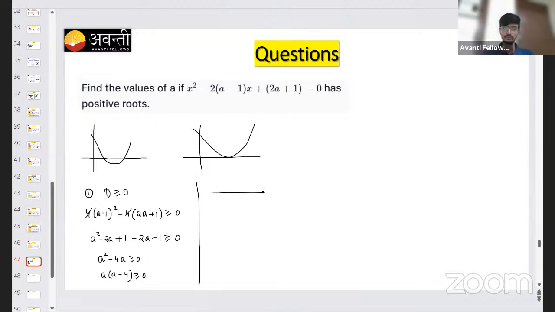So what are the roots? 0 and 4. ये वाला चाहिए ना, प्लस प्लस.